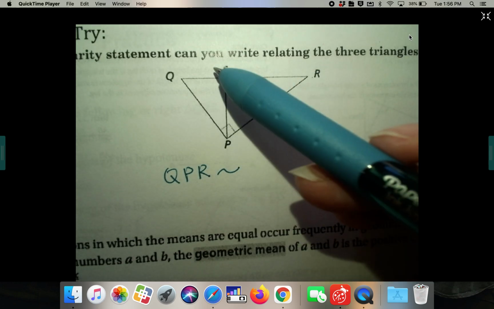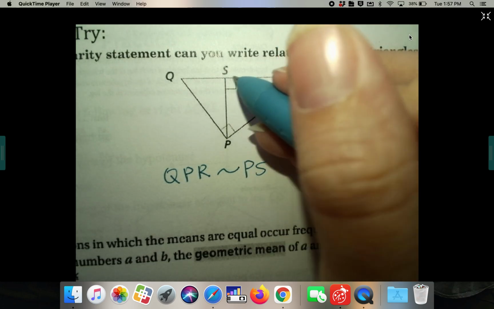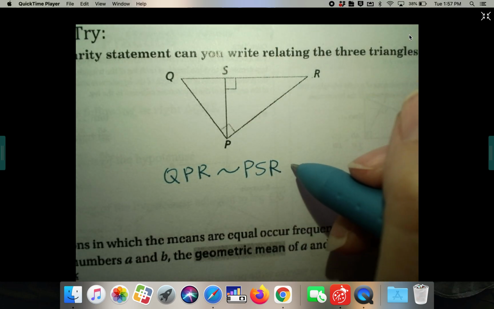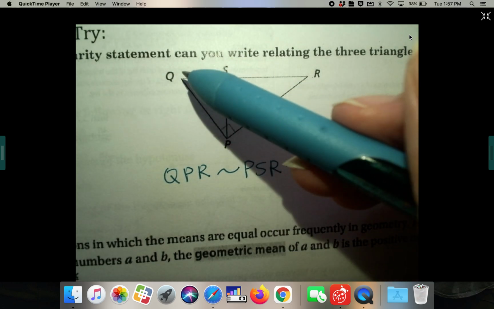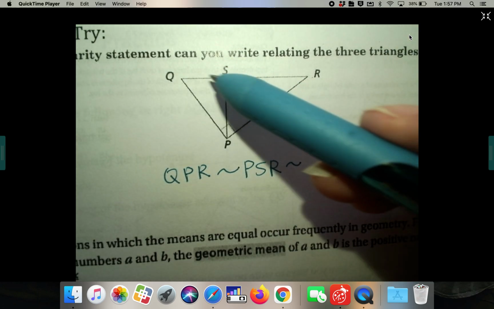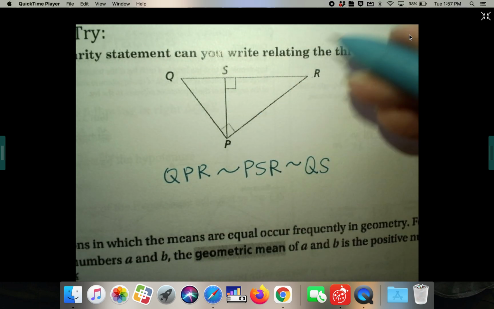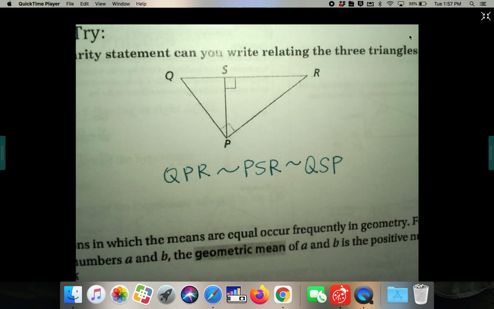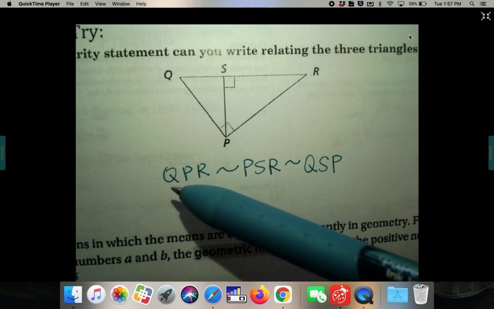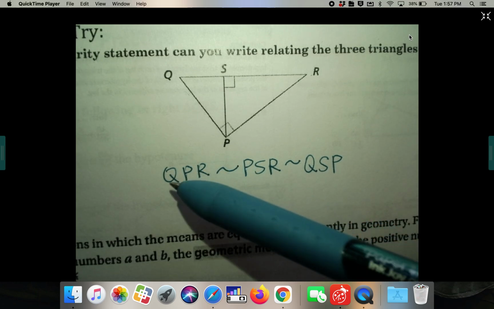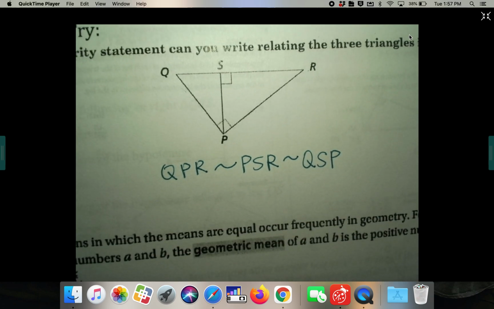The short leg of it would be P to S, then the long leg would be to R. And then I'm going to look at the tiny little baby triangle, and I'm going to look at the short leg, which would be QS, to the long leg P, and then back across the hypotenuse. So this is the order of those. And it doesn't matter if you didn't start with QPR; if you did PRQ, then it would be SRP, then it would be SPQ. So just be sure you are consistent.